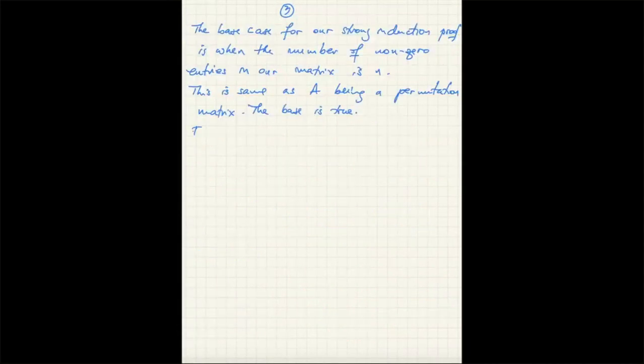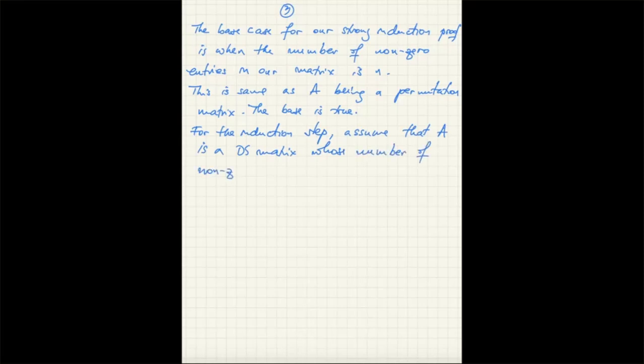Now for the induction step, assume that A is a doubly stochastic matrix whose number of non-zero entries is at least n plus 1.